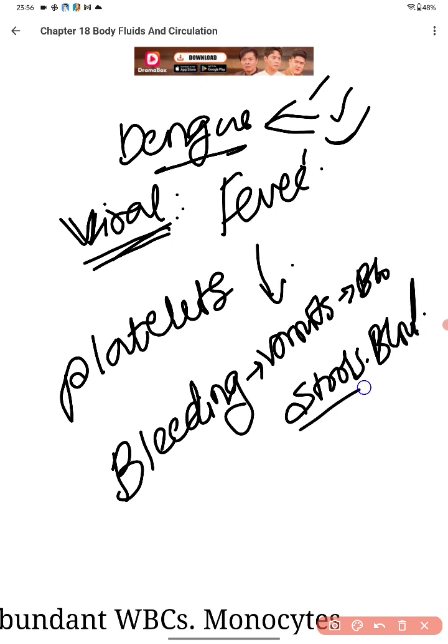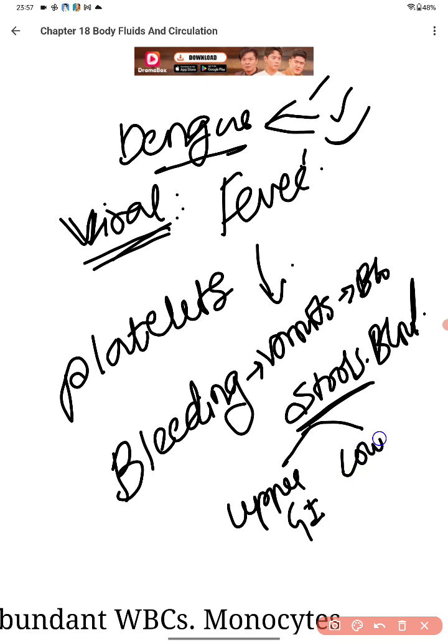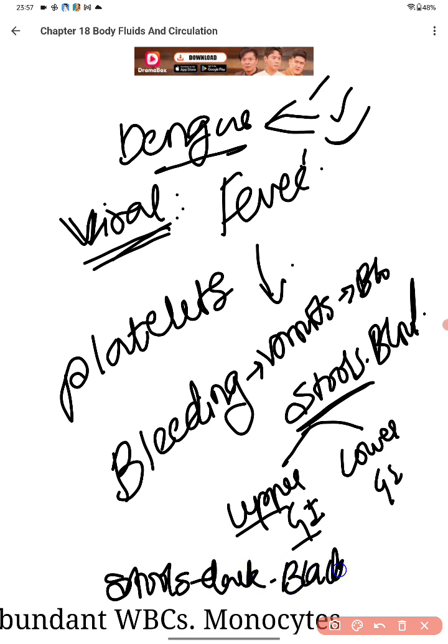If the bleeding is in your upper GI, meaning your stomach, esophagus, basically stomach and duodenum part, the stools will be dark in color, dark brown, black color stools. And if it is lower GI bleeding, meaning your small intestine and large intestine are involved, then fresh blood will be there. So this is the extra knowledge I'm giving.